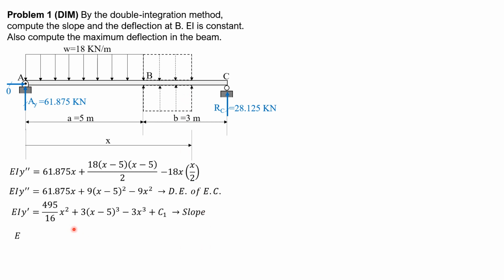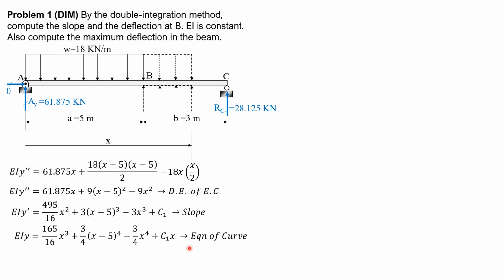Then integrating again, we have 165 over 16 x cubed plus 3/4 of (x minus 5) to the fourth minus 3/4 of x to the fourth plus c sub 1 x plus c sub 2, but the value of c sub 2 is 0 because the origin A is a support and there's no deflection at A.